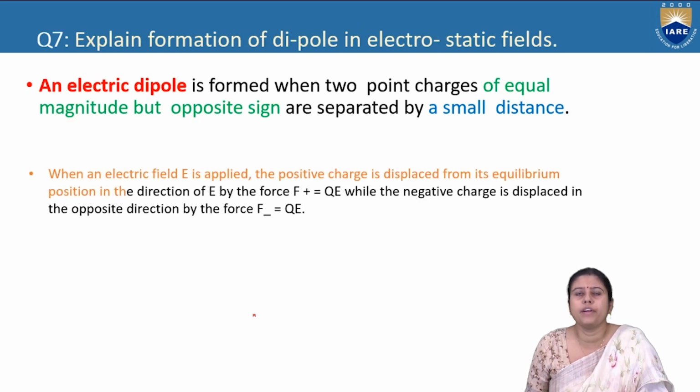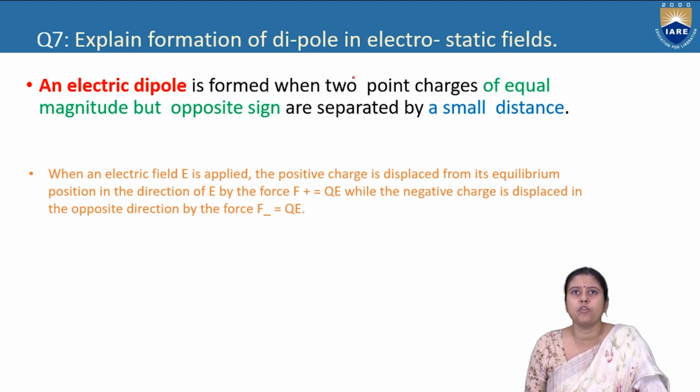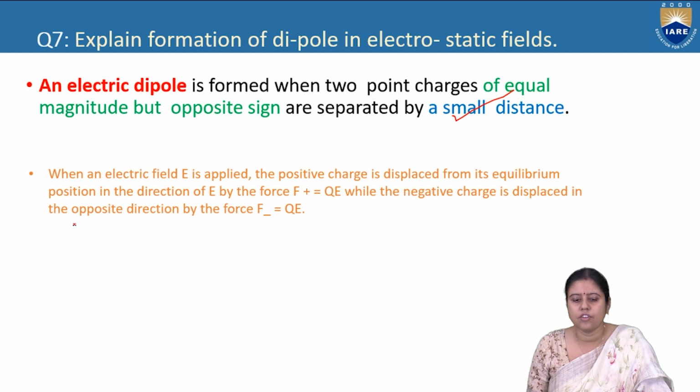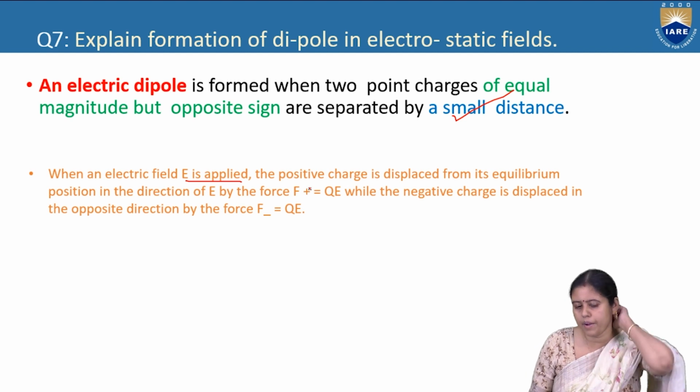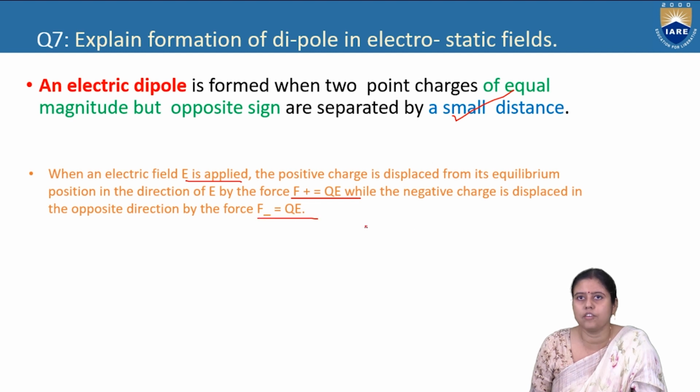What is an electric dipole? An electric dipole is formed when two point charges of equal magnitude and opposite signs are separated by a small distance. When an electric field E is applied, the positive charge is displaced from its equilibrium position in the direction of E. So F plus is equal to QE and F minus is equal to QE.